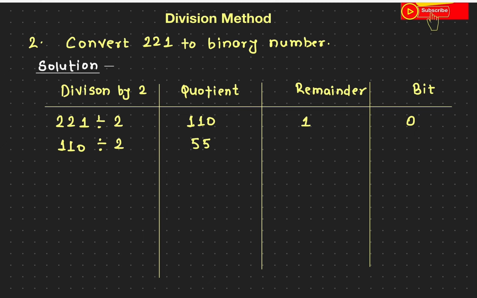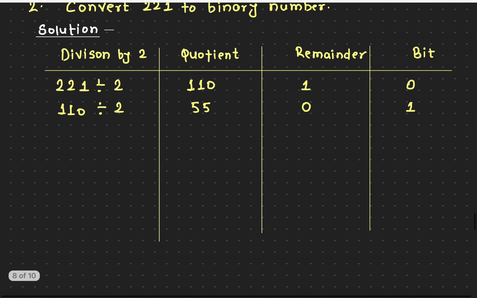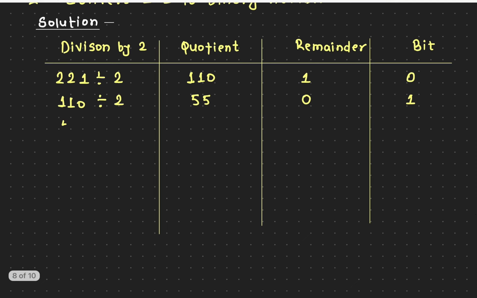Is there any remainder? No, that is 0, and this is bit 1. So we keep going. We have to divide 55 by 2, and we have to keep going until this quotient becomes 0.